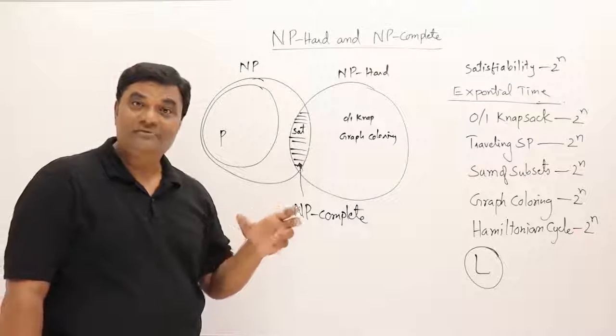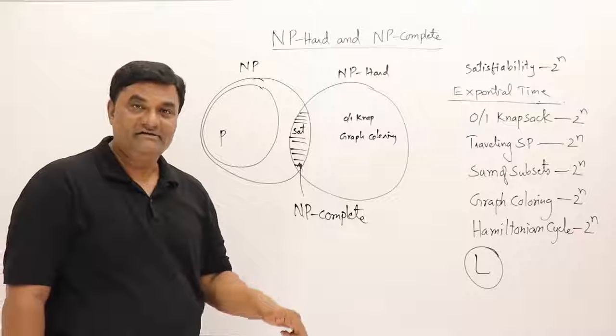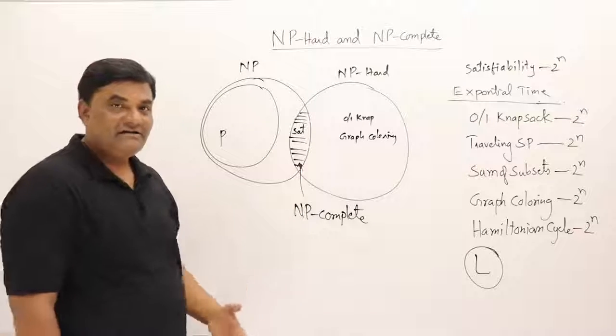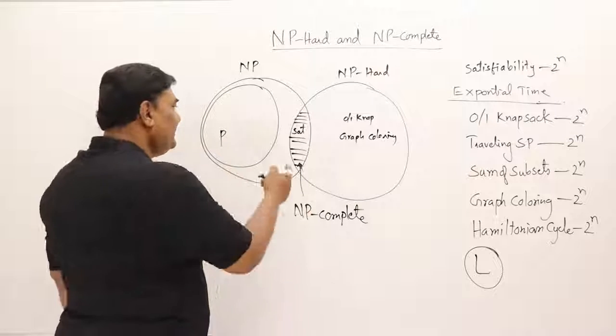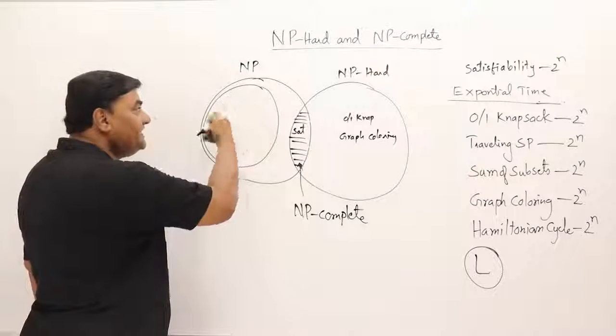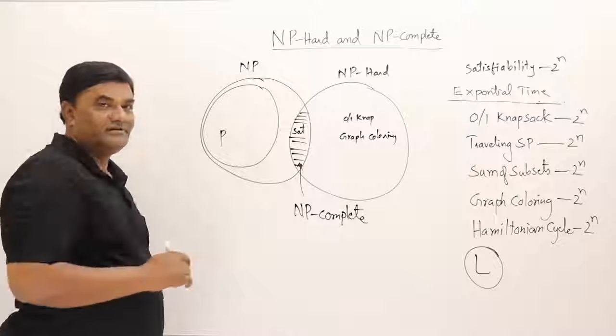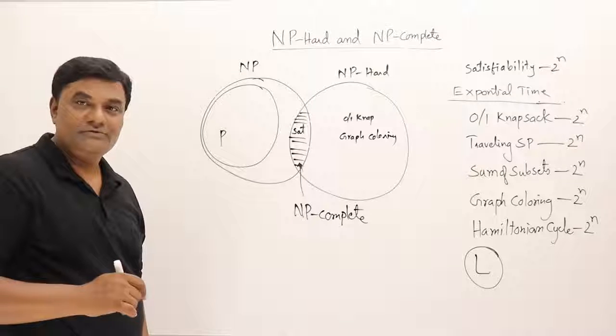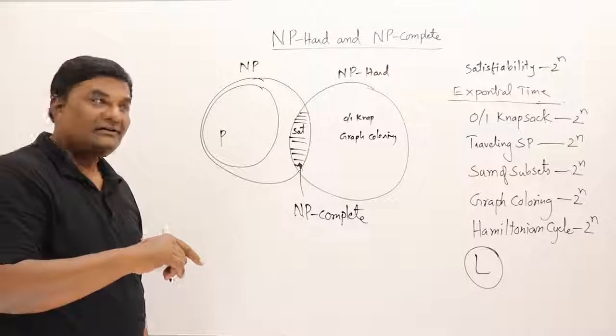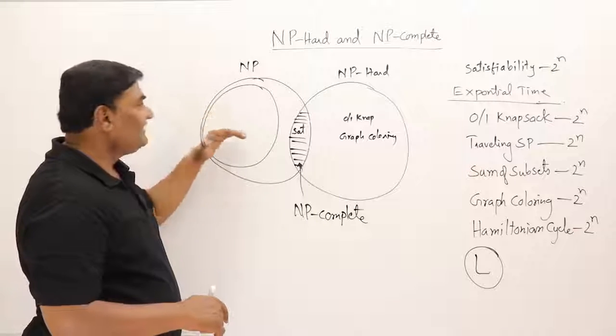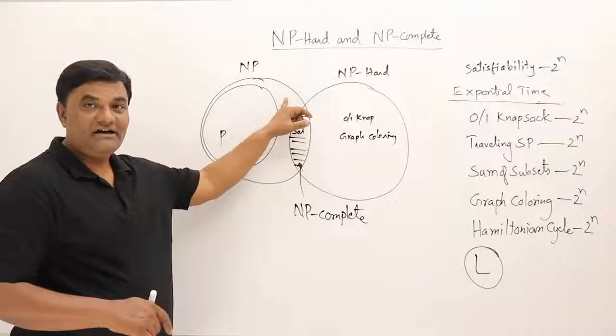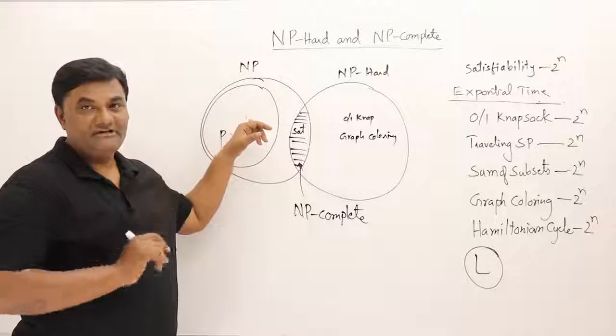So we have to at least prove that yes, what we are doing is right. So for that, if we are able to prove that P is equal to NP, then it is proved that whatever the non-deterministic we are writing, tomorrow that may become deterministic.